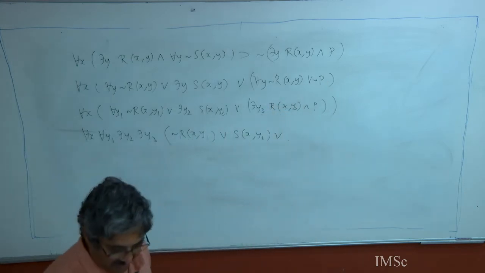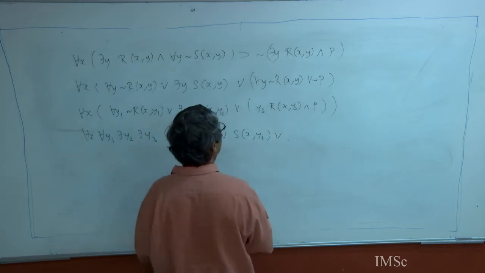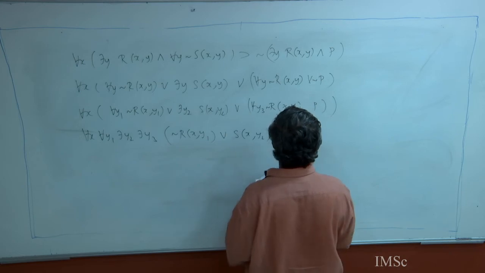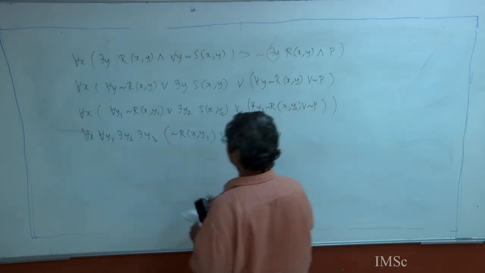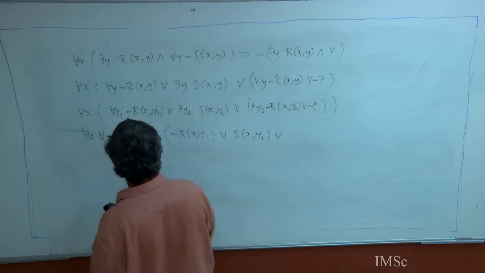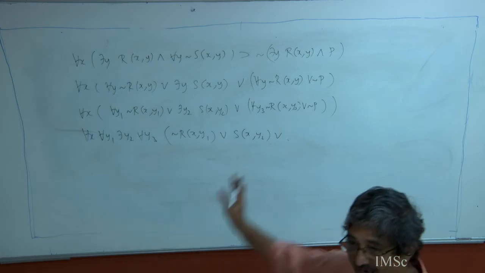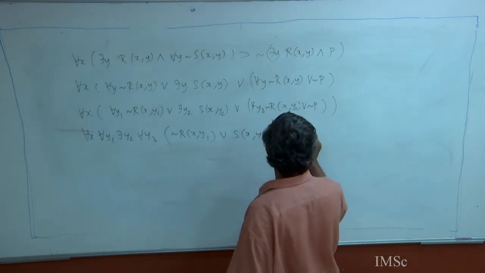I just forgot that I had to push negation inside. So this is for all, not, yeah. So this is for all. I missed one negation when I was writing, so not or.